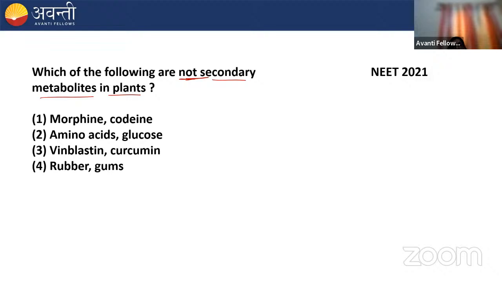Primary metabolites are those which are required for the main metabolic reactions, or which play a very important role in the normal physiological reactions of the organism. Everybody try to participate. Vinal says B. Okay.